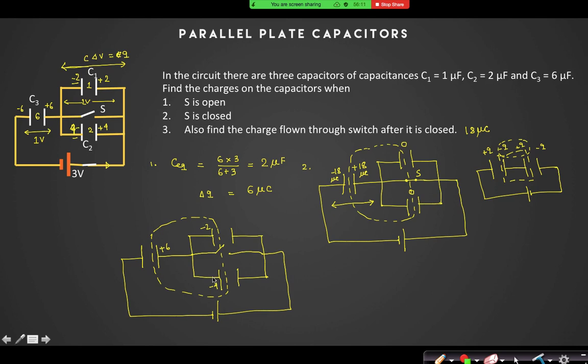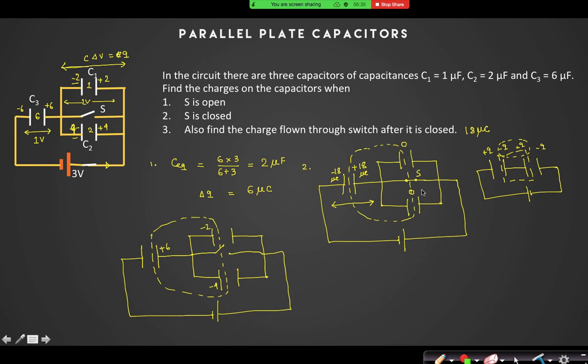So before closing that switch, when it was isolated, the total charge on the system was zero. Yes or no? Minus 2, minus 4, plus 6, total charge on that system is zero. After I close that switch, the total charge on that system is 0, 0 and plus 18.